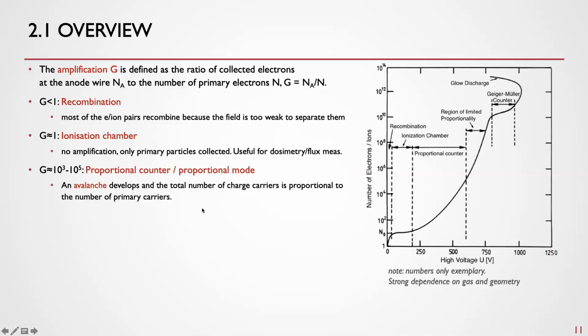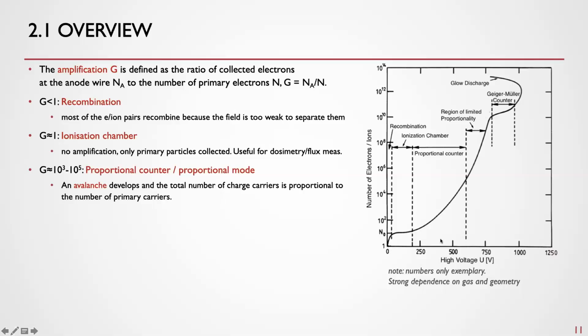It's important to understand what is proportional here and what is exponential. It's a proportional counter because while an avalanche develops, if you have twice the number of primarily ionized electron hole pairs, you'll get twice the signal. The exponential characteristic is with respect to the voltage that is applied.